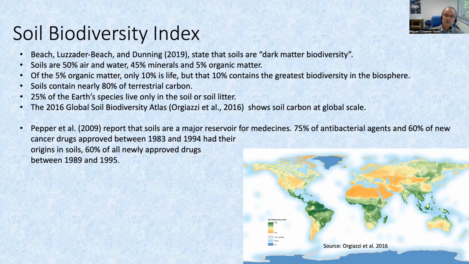There are many publications that these organisms living in the soil have, for example, 75% of antibacterial agents, and 60% of new cancer drugs approved only between 83 and 94 had their origin from soil organisms. 60% of all new approved drugs between 1989 and 1995 came from the soil. Just to give you an importance of the soil, in this whole discussion on biodiversity, it is really needed to understand these figures.